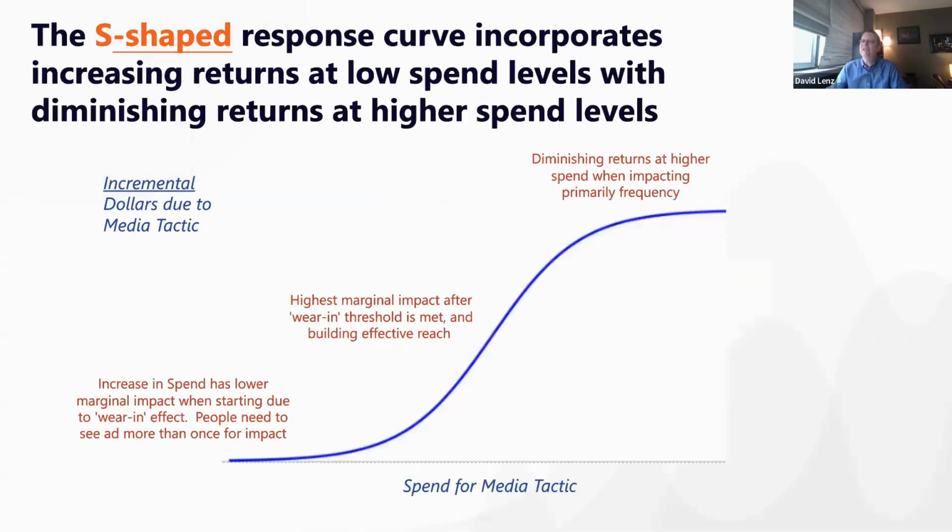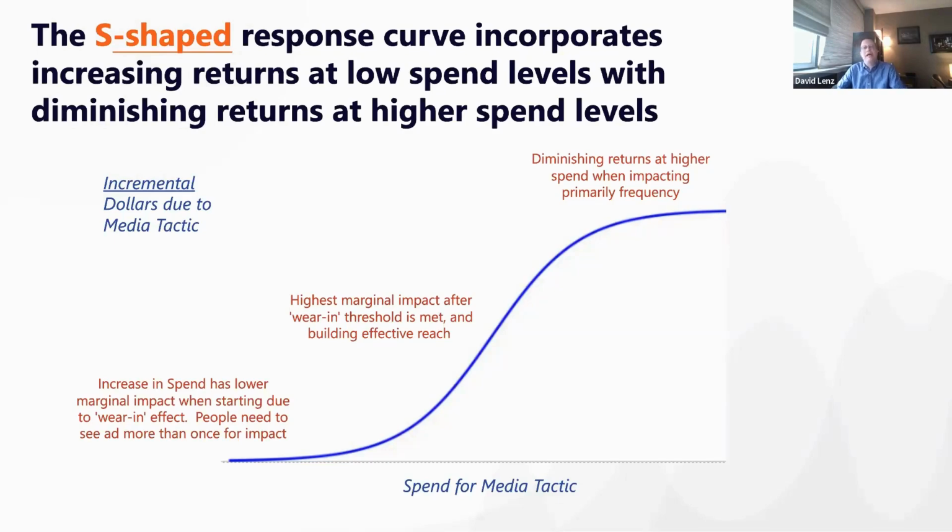Okay, and then in addition, you can have more complicated response curves. So the S-shaped curve is more complicated and more difficult to estimate, but it incorporates increasing returns at low levels of spend and diminishing returns at high levels. And so, why would this occur? Well, sometimes at a low level of spend, it has a wear-in effect, meaning that people need to see the ad more than once for an impact.